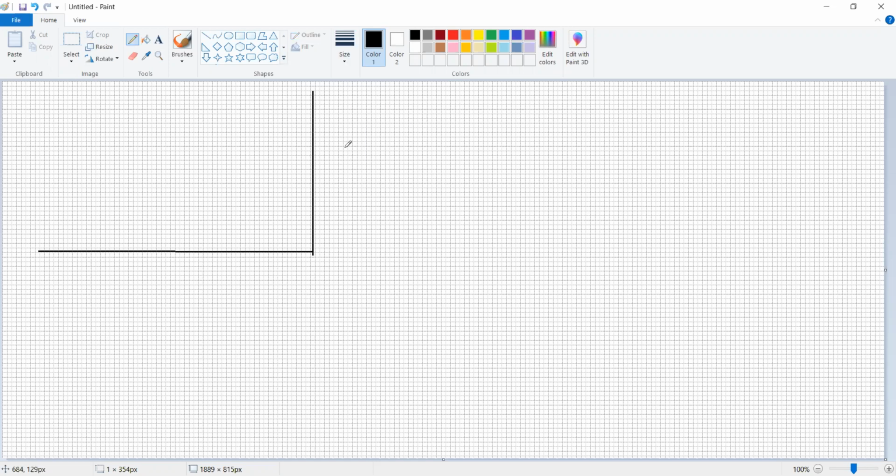So here it is torque, and it is slip. Slip is increasing in this side.